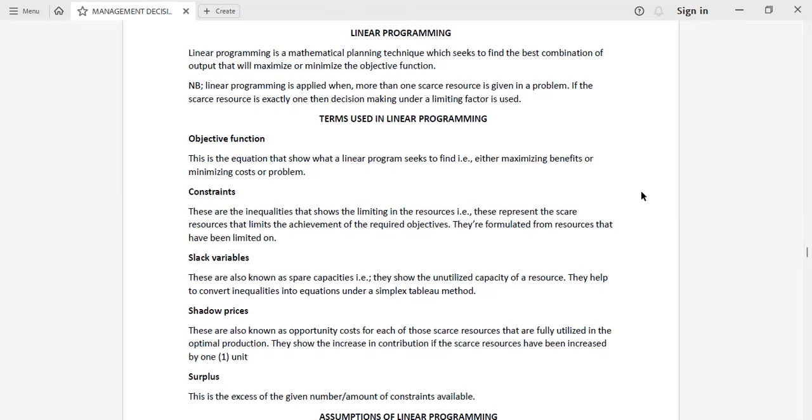If it is on the side of profit, we see how best we can maximize our profits. If it is on the side of cost, we look at what we can do to minimize the costs that we can incur in a given activity. So the objective function is what we are trying to achieve. We are either going to maximize it or minimize it. Those are the two things that we do under linear programming.